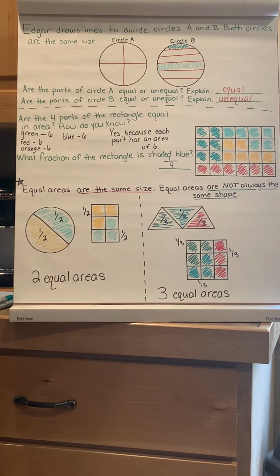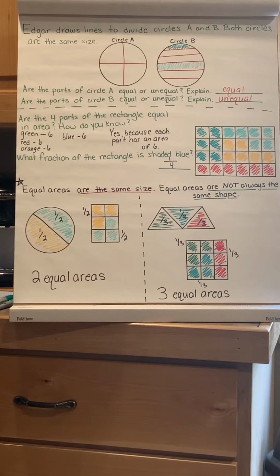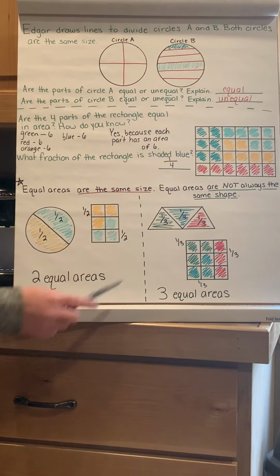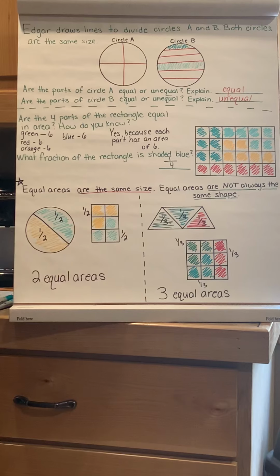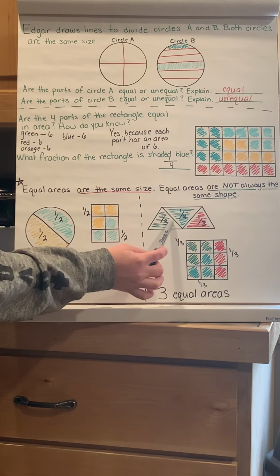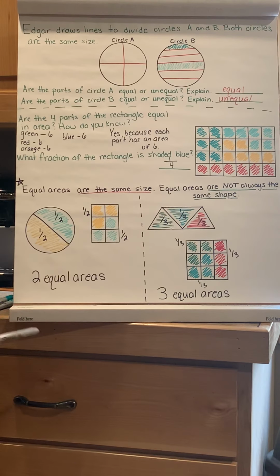Do we see that? Then over here, 3 equal areas. I have 1, 2, 3. A third of it's green, a third of it's blue, a third of it's red. Down here, I have a square.